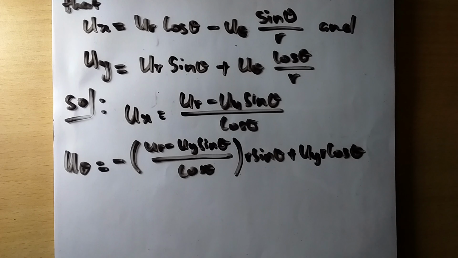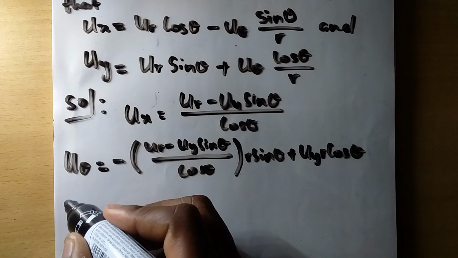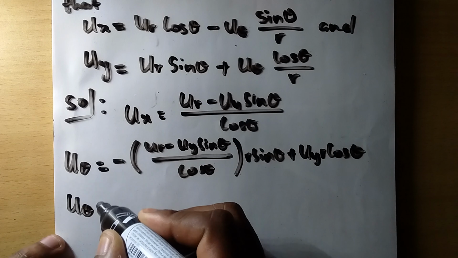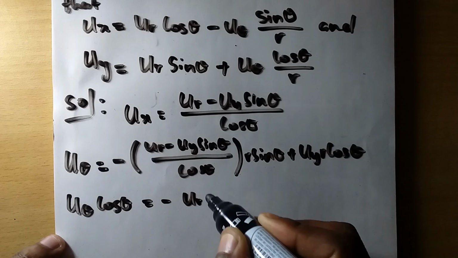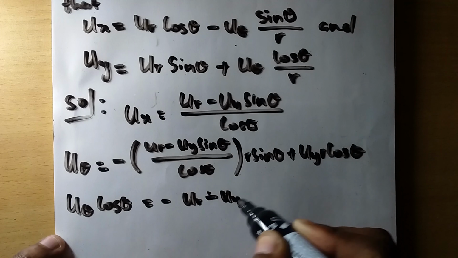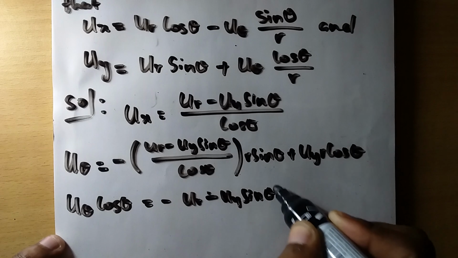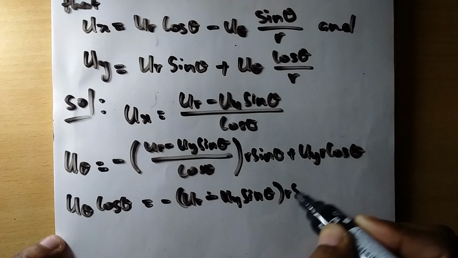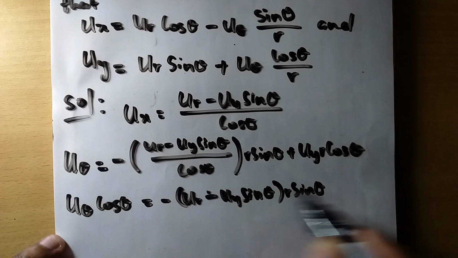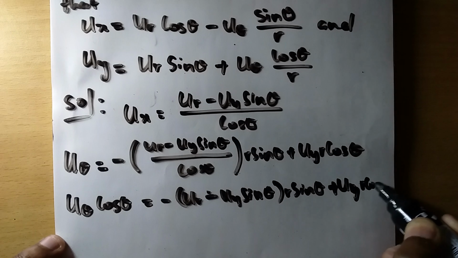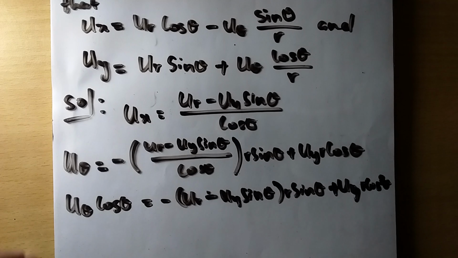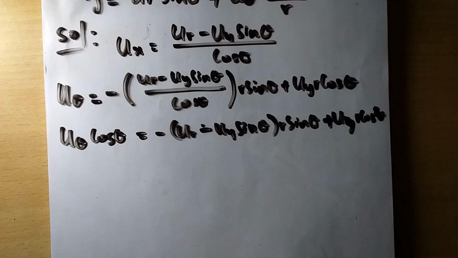Let us multiply each and every term by cos θ because I want to do away with these fractions. So each term becomes U_r minus U_y sin θ, which stays together because it's part of this term, plus U_y r cos squared θ.